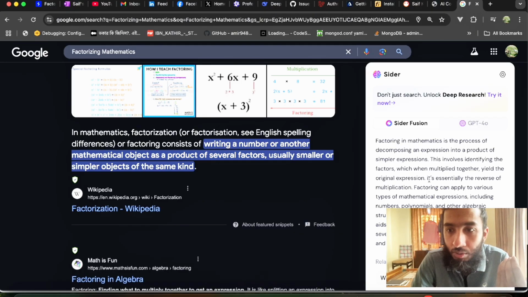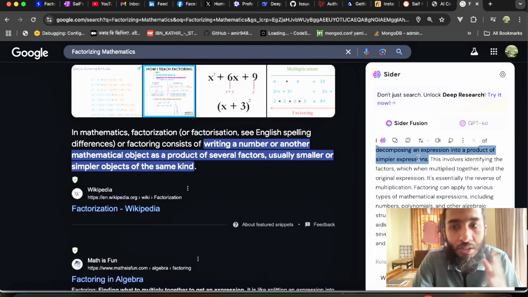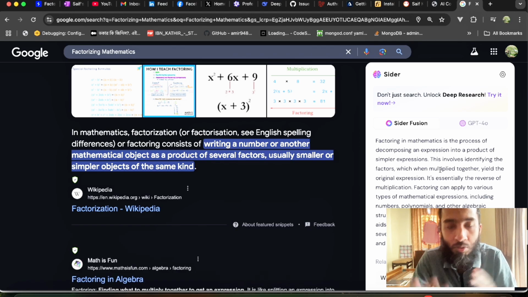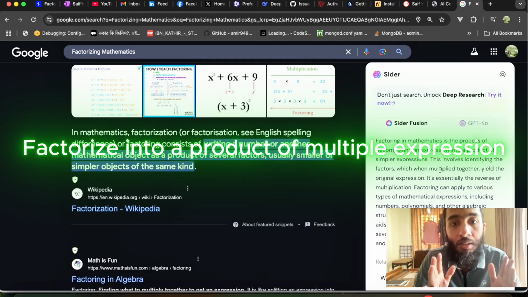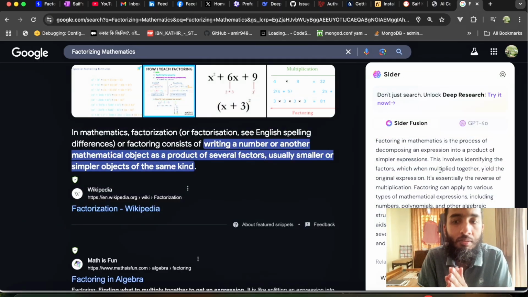The AI tool's explanation says factoring in mathematics is the process of decomposing an expression into a product of simpler expressions. So you have one expression and you can decompose it into a product of multiple, simpler expressions.